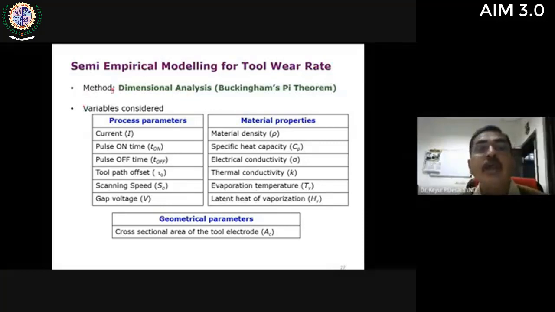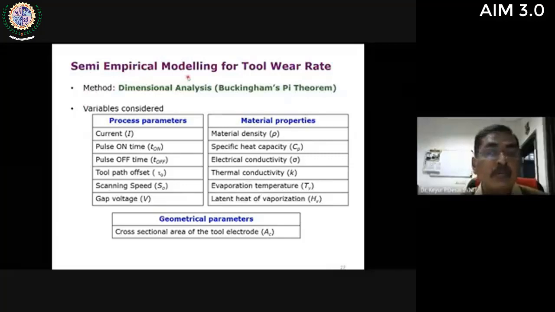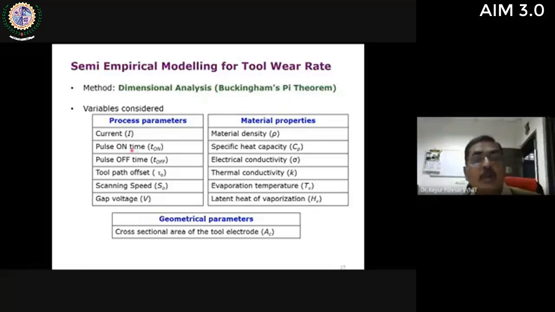So we carried out an empirical modeling for tool wear rate. The method used was dimensional analysis using Buckingham Pi theorem. Variables considered, you can see all parameters which are process parameters are considered. Not only that, material properties were also considered, and geometrical parameter, that is cross-sectional area of the tool, was also considered.